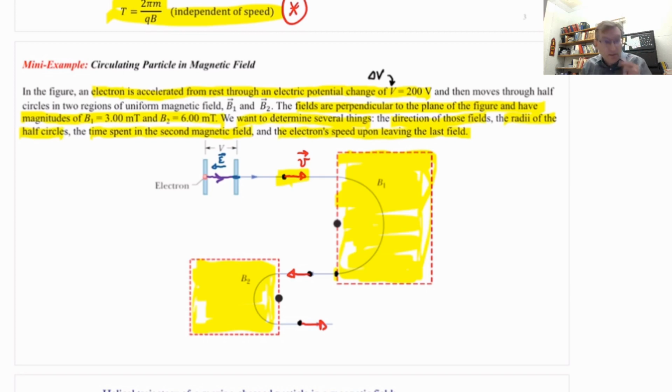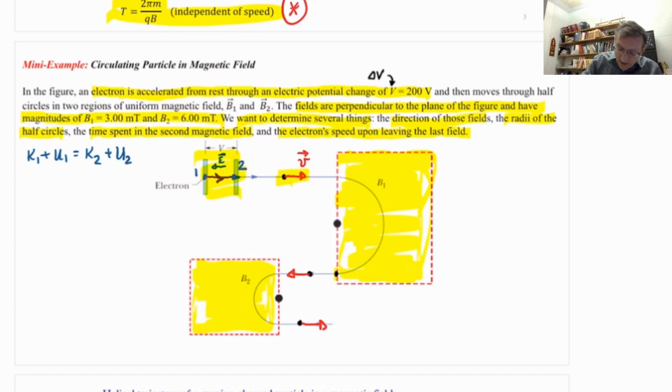We'll see that the electric force on the electron, when it's in this region between these plates, that's really just a parallel plate capacitor. The only force doing any work is the electric force, which is conservative. So K1 plus U electric 1 must equal K2 plus U electric 2, where there's 1 and there's 2.